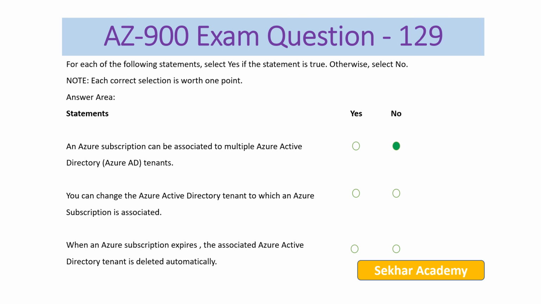Statement 2: you can change the Azure Active Directory tenant to which an Azure subscription is associated. This is yes, you can change. Third statement: when an Azure subscription expires, the associated Azure Active Directory tenant is deleted automatically. No, this will be no.